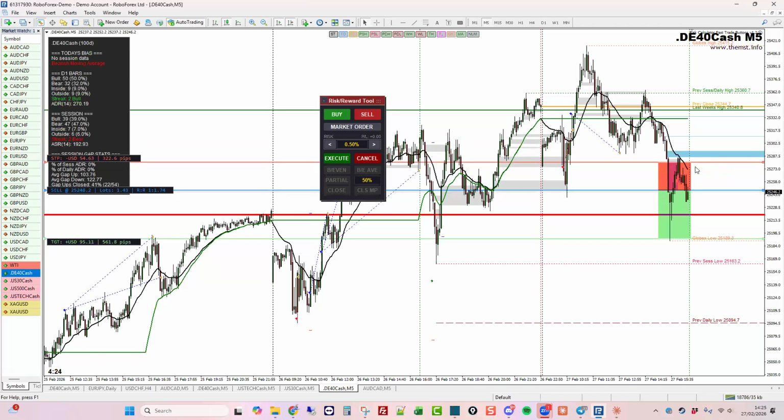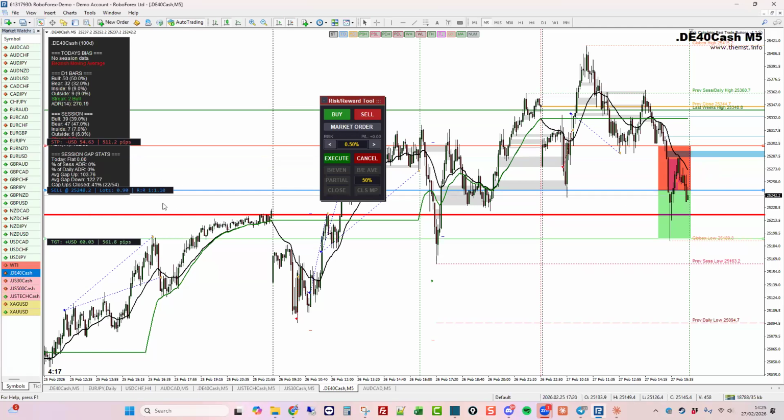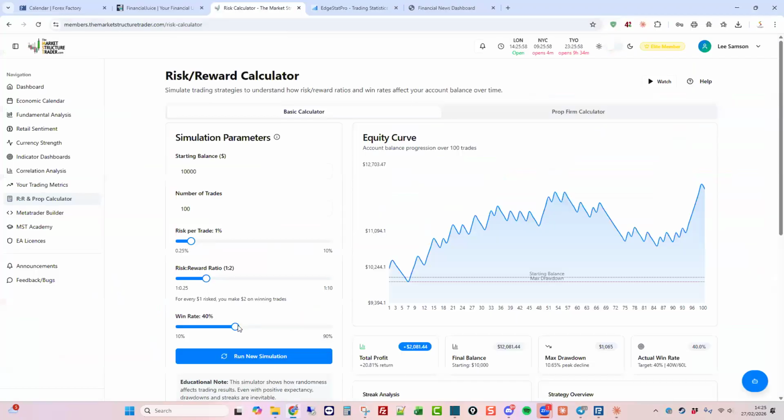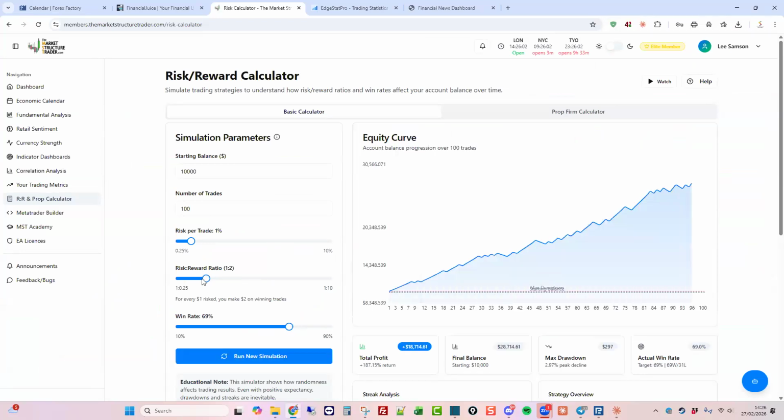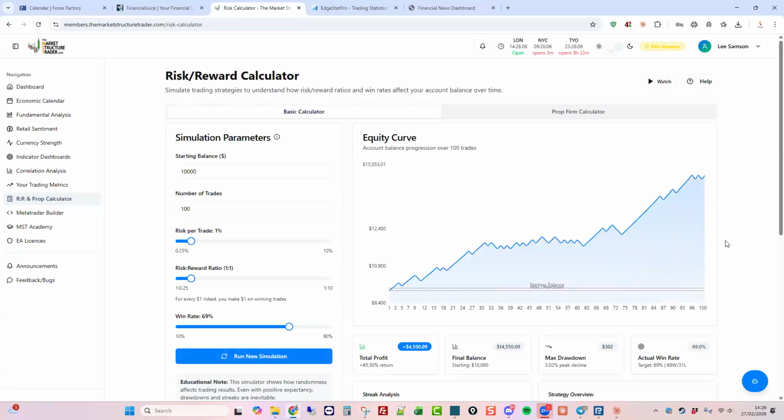You can have a stop loss anywhere here, and you're going to get a 1-to-1 risk reward ratio. So if the statistical probabilities of hitting Globex low are 70%, it doesn't matter where you put that stop. As long as you hit them 70% of the time with a 1-to-1 risk reward ratio, you're going to make money, aren't you? We get a 70% strike rate because the probabilities are whatever they are with a 1-to-1 risk reward ratio. You're generating profit.